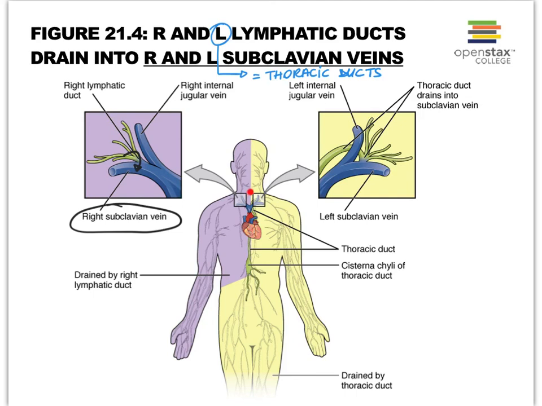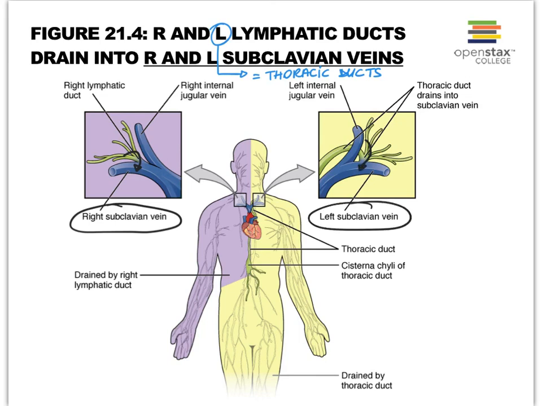On the other hand, the thoracic duct has a much wider draining region. It is going to drain everything else. So the upper left arm, the lower limbs, the abdominopelvic region, and the other side of the thorax and the other side of the head. All that lymph will then enter via the thoracic duct or via the lymphatic duct, either way, into our left subclavian vein.